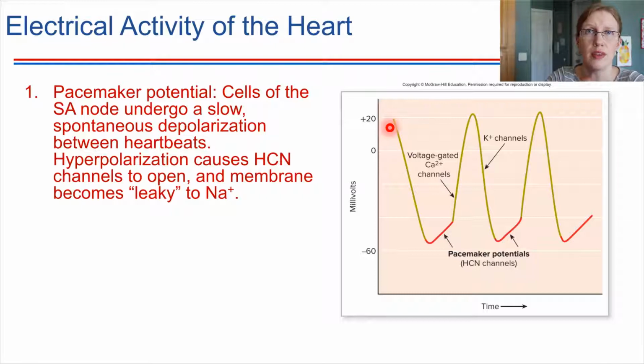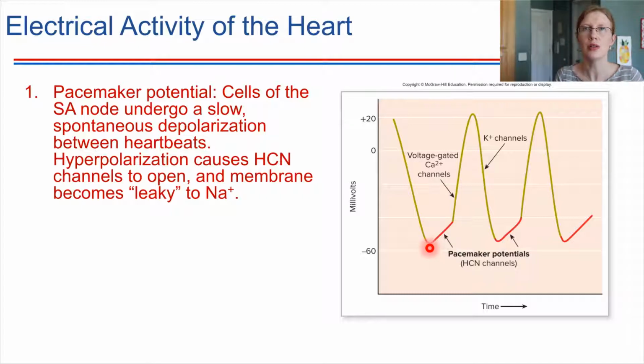The ion pumps do their thing and reestablish the resting potential. So here we're repolarizing, getting ready for another action potential. This is millivolts. We go into the negatives, down to quite polarized. This is hyperpolarization, and hyperpolarization causes certain ion channels to open.